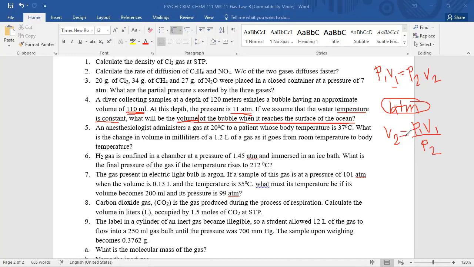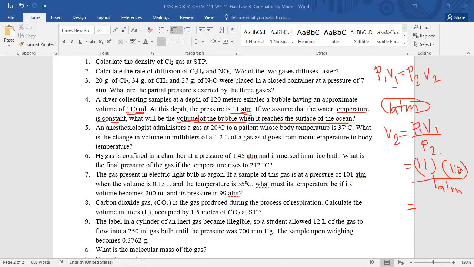So substitute lang natin yung mga units. So P1 natin, ano yung pressure 1 natin for this example, 11 atmosphere. Multiply by the volume, which is 110. Divided by pressure 2. Sabihin natin yan, that is 1 atmospheric pressure. So ano daw yung magiging volume?